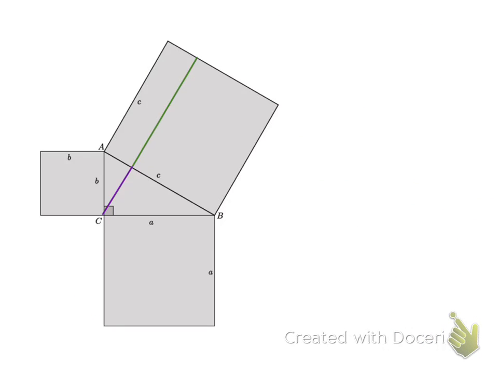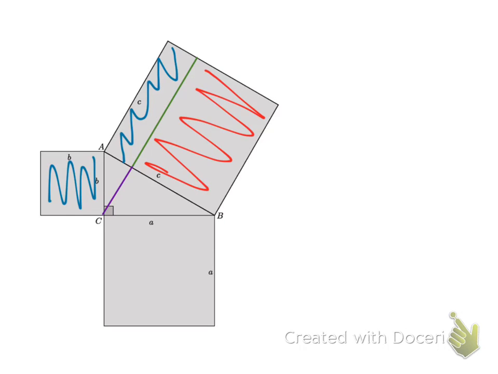So we showed that this and this were equal, and we showed that this rectangle and this square have the same area. So in doing so, we proved the Pythagorean theorem by way of area.